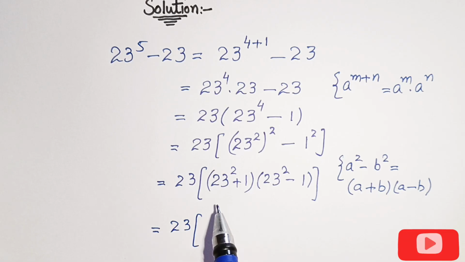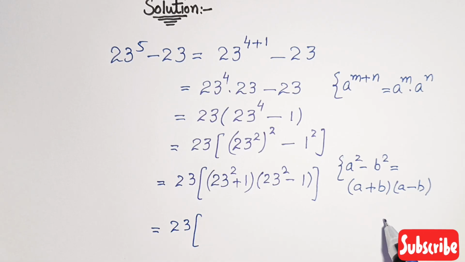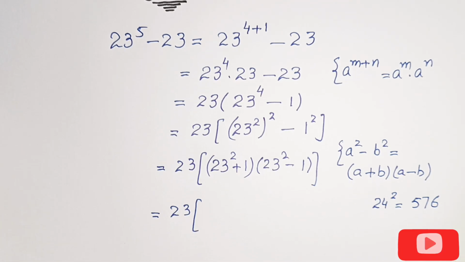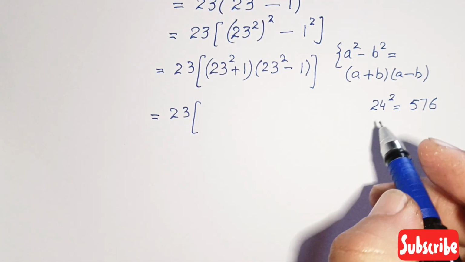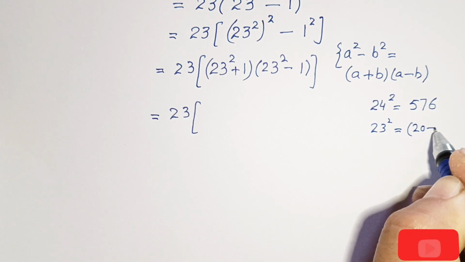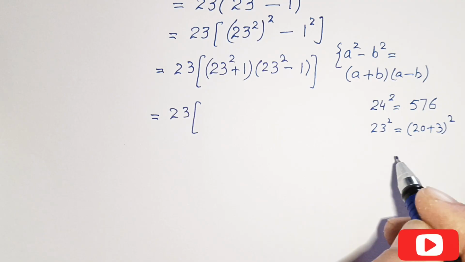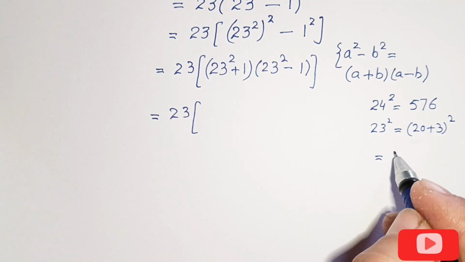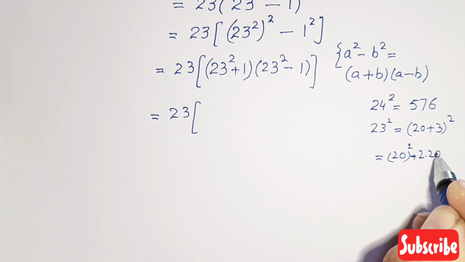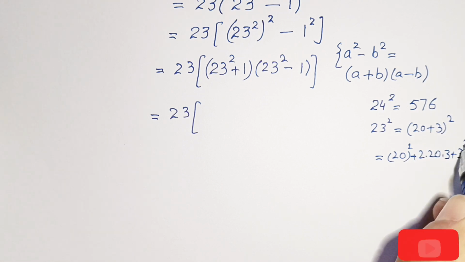here 23 squared. Let's see, 24 squared we know is equal to 576. Now 23 squared is equal to (20 plus 3) whole squared. According to the formula, it is a squared plus 2ab plus b squared.